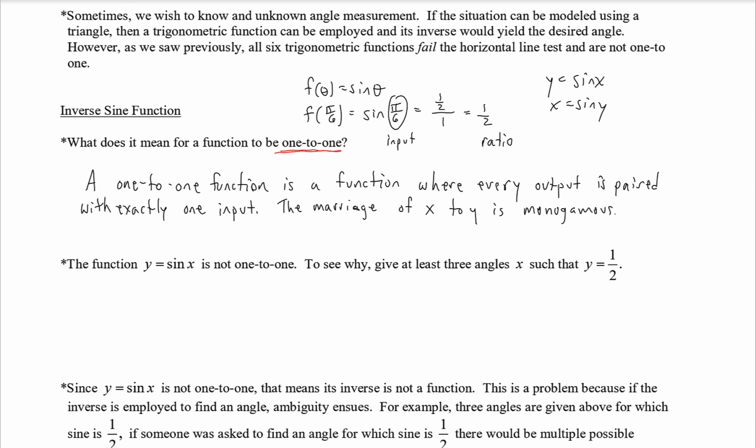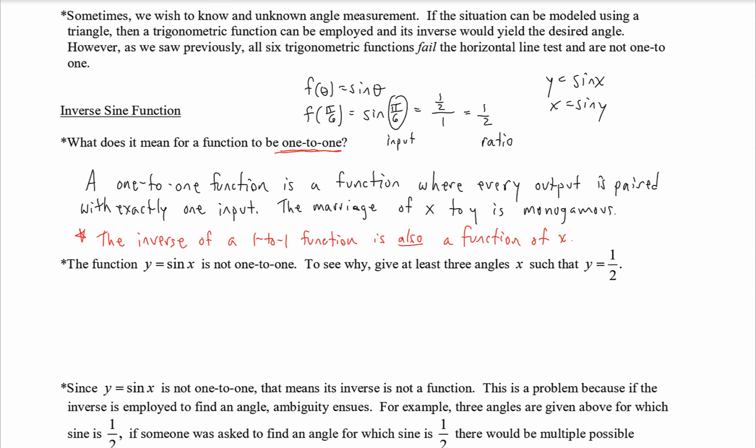Now, the reason we cared whether something was 1-to-1, so this is important, is that the inverse of a 1-to-1 function is also a function of x.